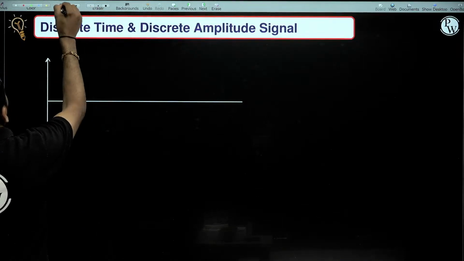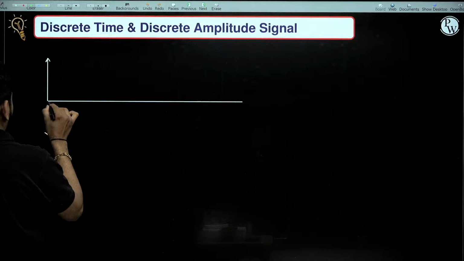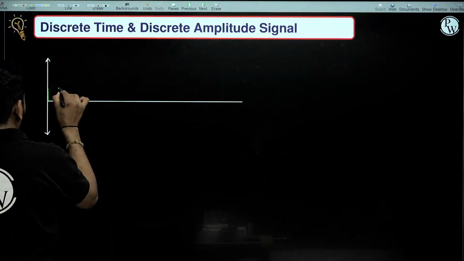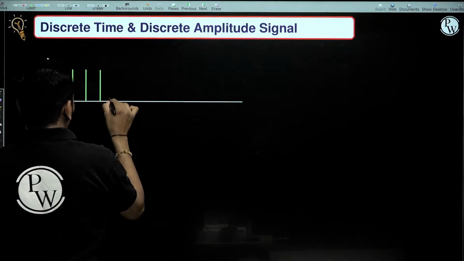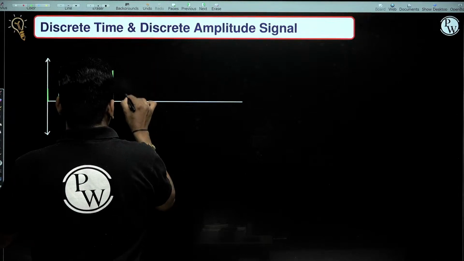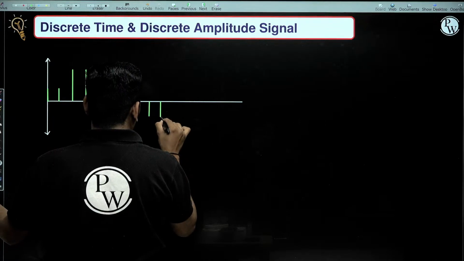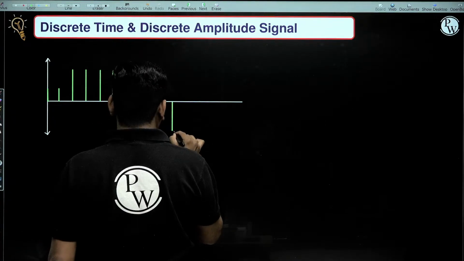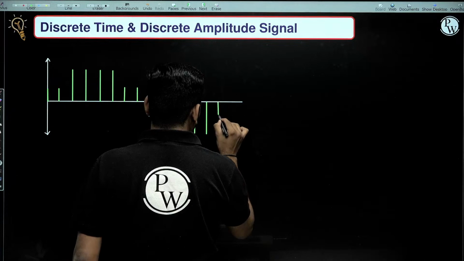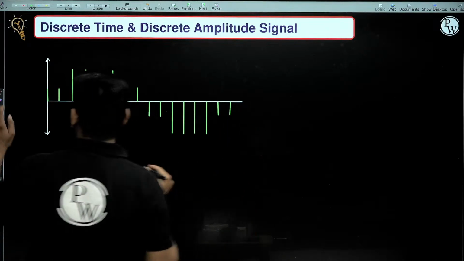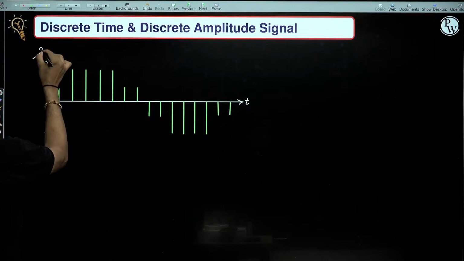Example. Tell me here, are amplitude and time both discrete or not?